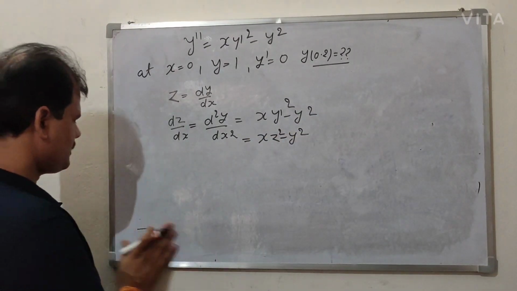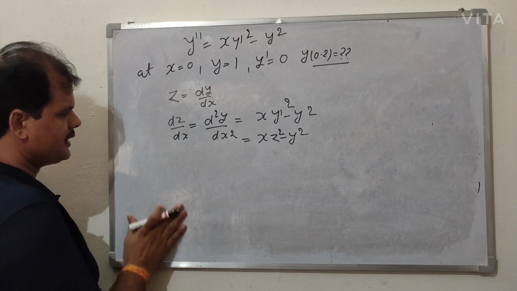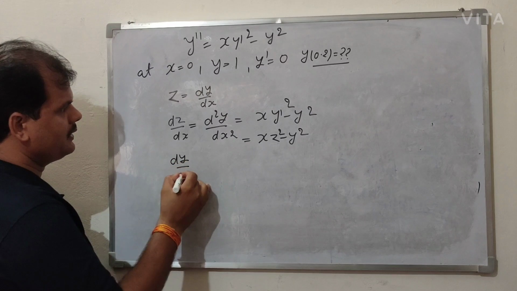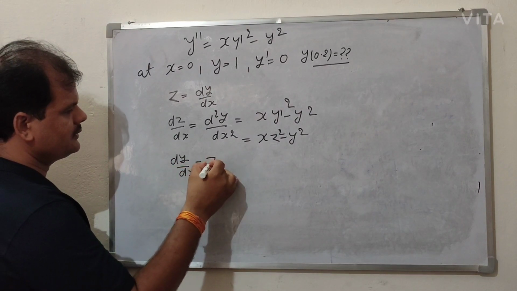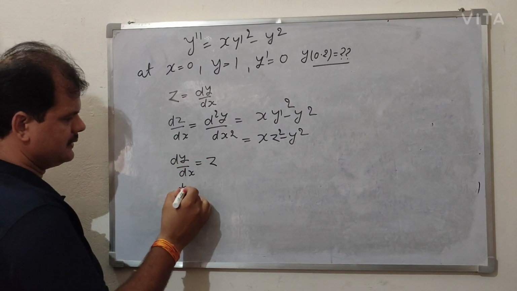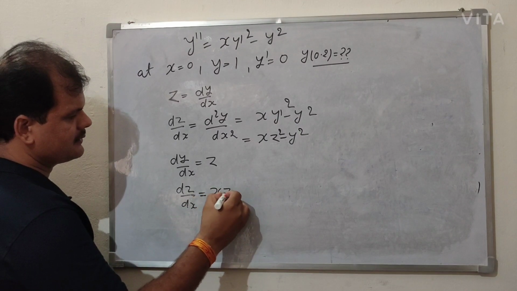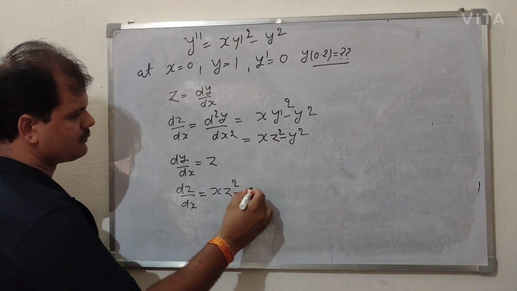Then your system of differential equations will be dy by dx equal to z and dz by dx equal to x z square minus y square.